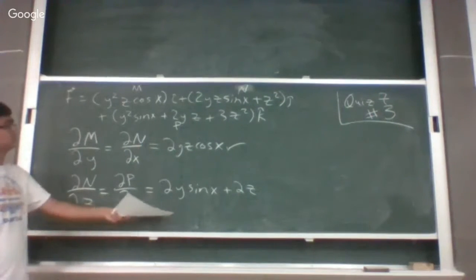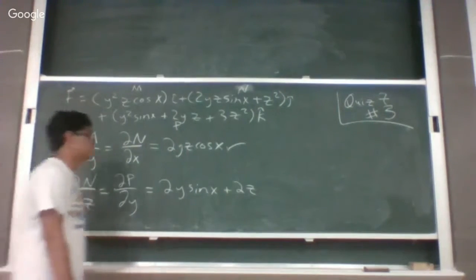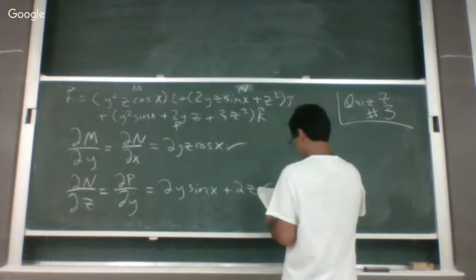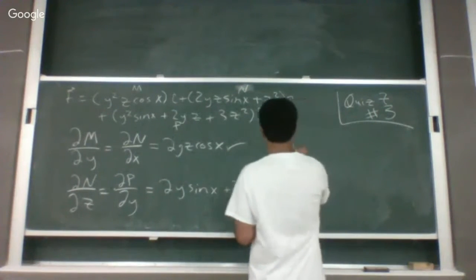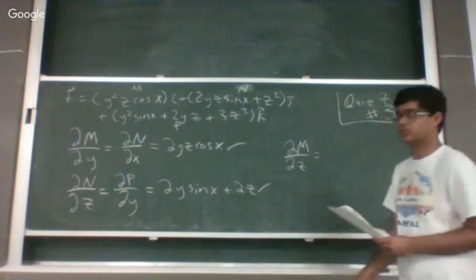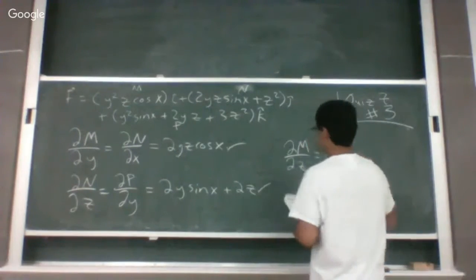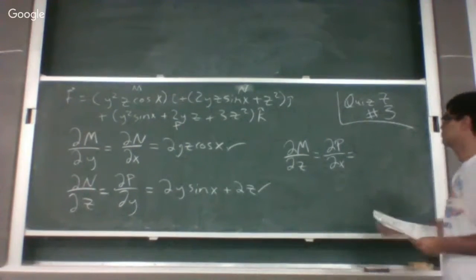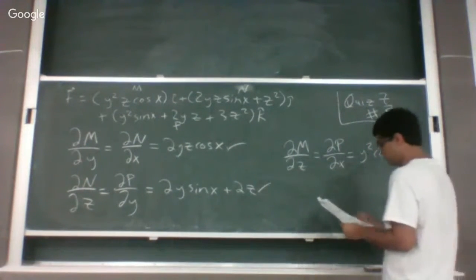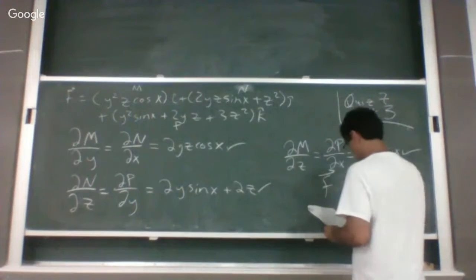The same thing. So we know this is equal. And the last one is the partial of M with respect to z equal to the partial of P with respect to x. So then we know that the vector F is conservative.